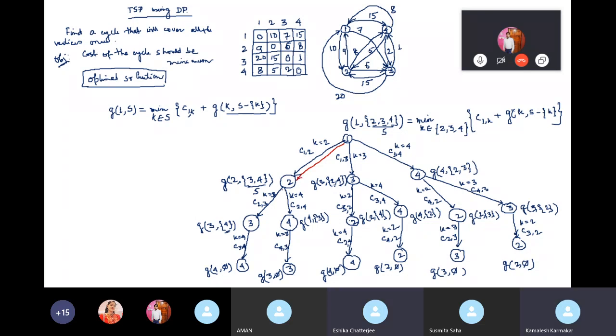Then from vertex 2, we are visiting the next vertex 3. From vertex 3, we are visiting the next vertex 4. From vertex 4, you have to return to vertex 1. From this position, you have to return to vertex 1, then it will form a cycle.